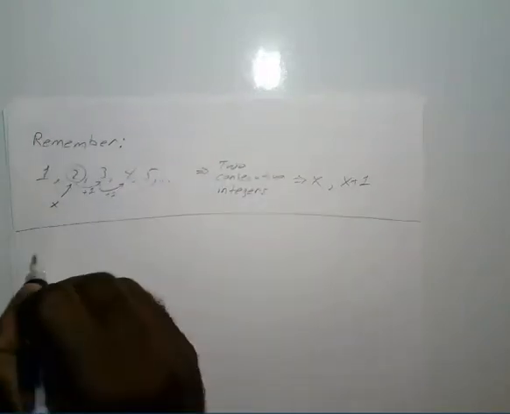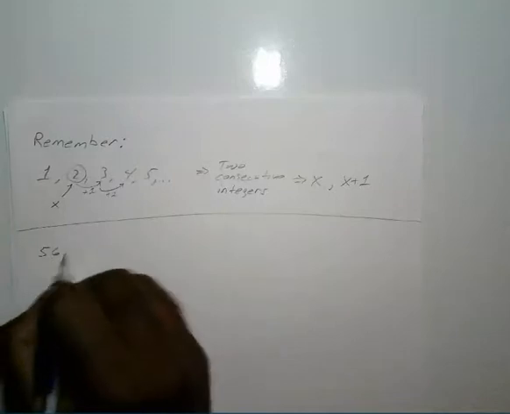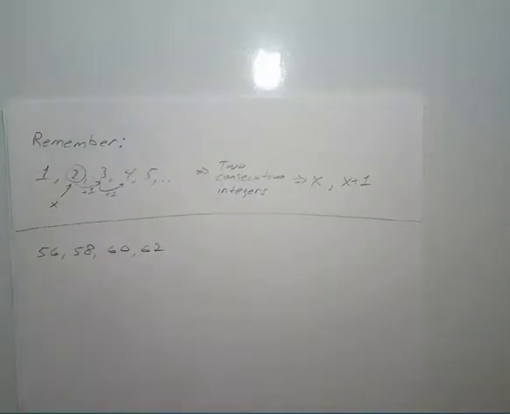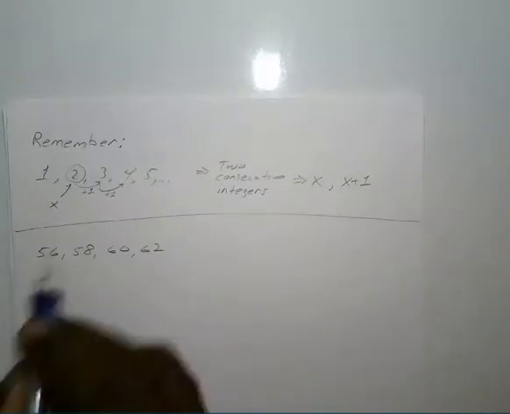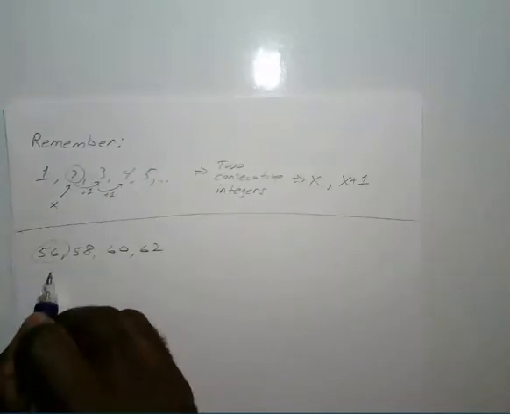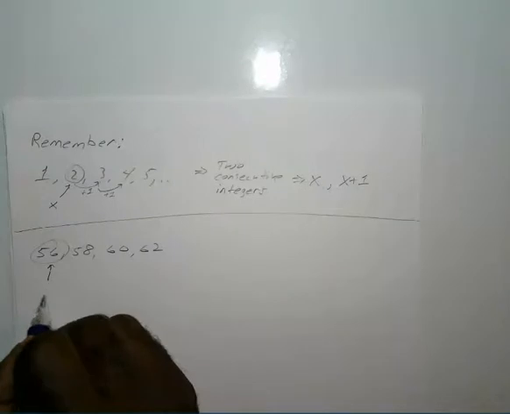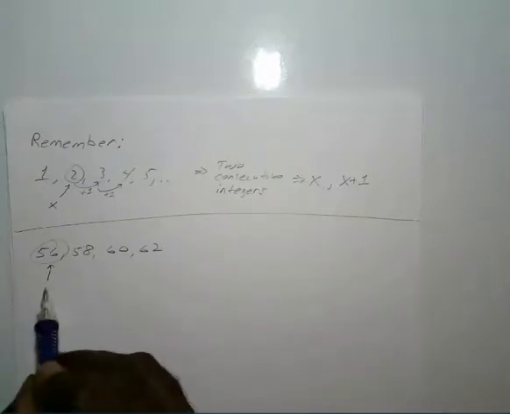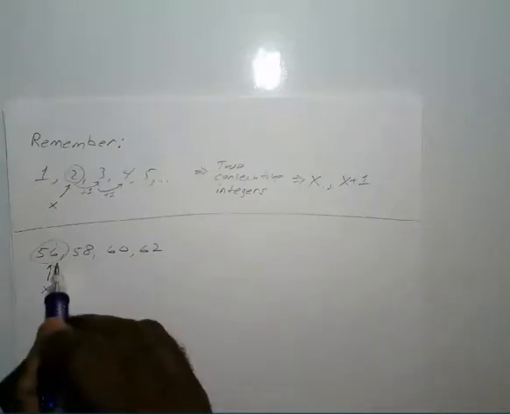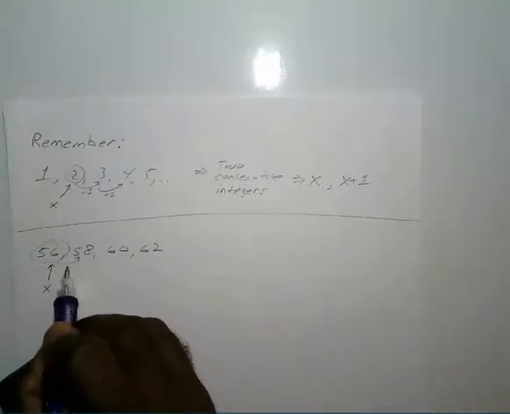Okay, what if we have, let's say, 56, 58, 60, 62, basically even integers. Again, let's say we want to start at some value, we'll call it 56. Since we probably won't know what our first value is, we'll call that x. Now to move on to the next even integer, we'd have to add 2.